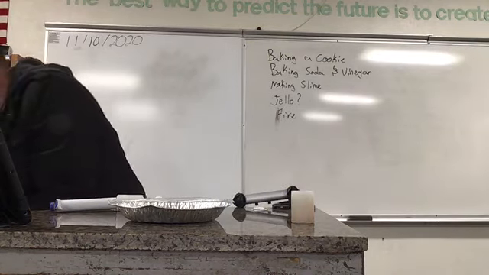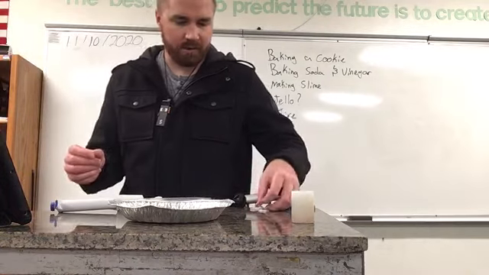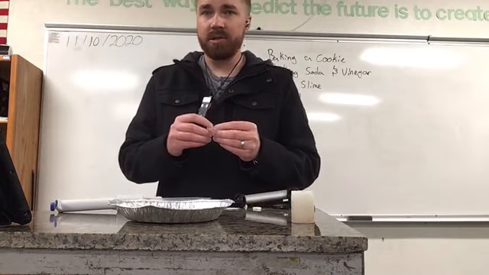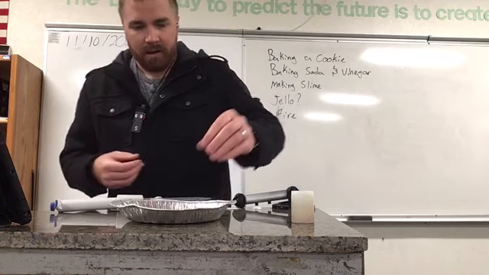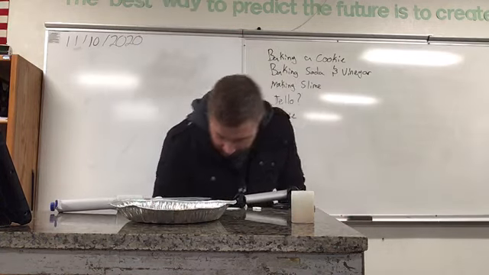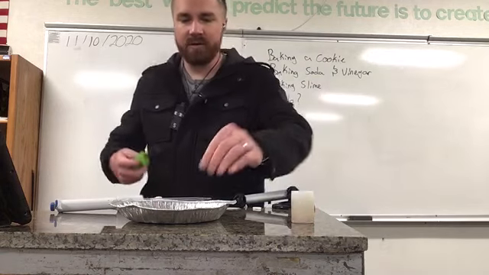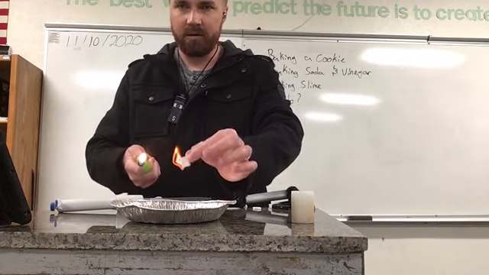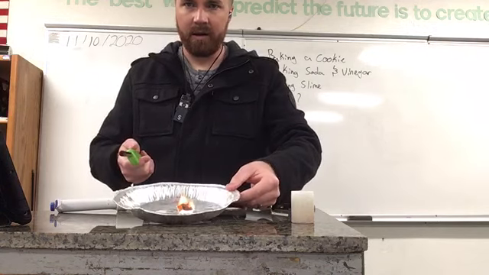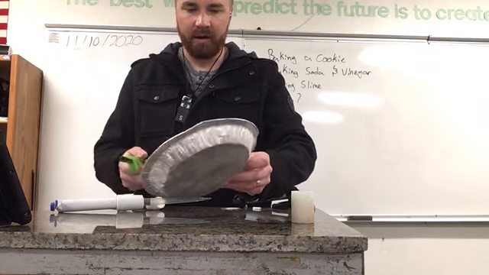Then the next one is another one you've done, I'd assume, which is taking a piece of paper and just burning a piece of paper. So I have a little square of paper here. Okay, list the properties of paper previous to it burning, and then like this. See it burning there. Okay, in that tray.